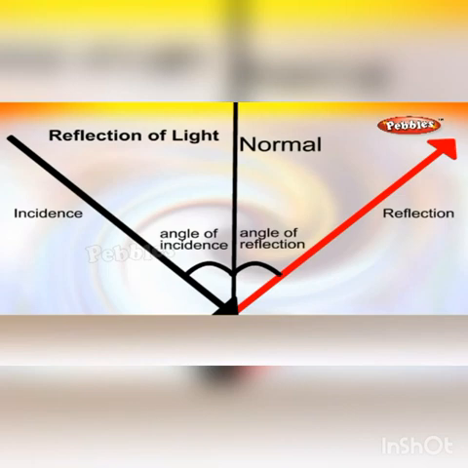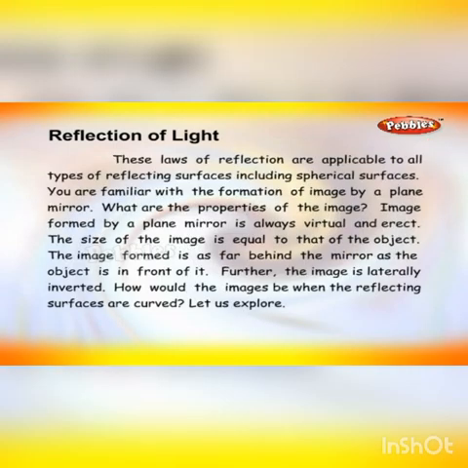The incident ray, the normal to the mirror at the point of incidence, and the reflected ray all lie in the same plane. These laws of reflection are applicable to all types of reflecting surfaces, including spherical surfaces.